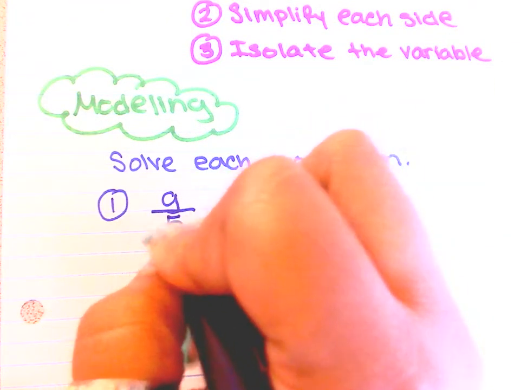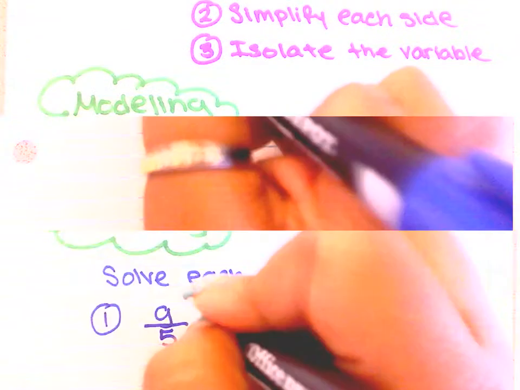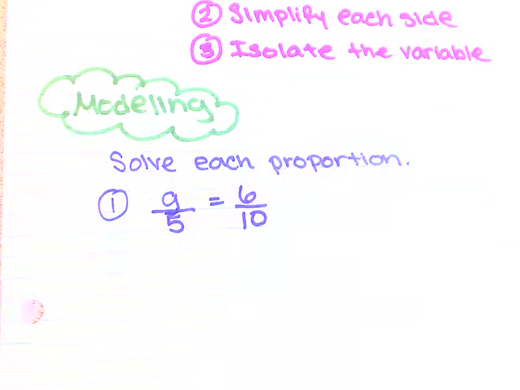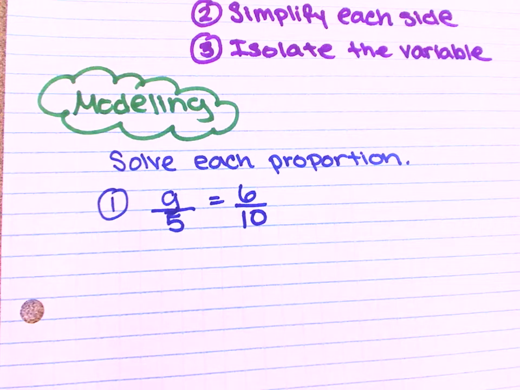Okay, so number 1, it'll look like this. G over 5 equals 6 over 10. That's a G. The first thing I'm going to do, step 1, tells me to cross multiply.